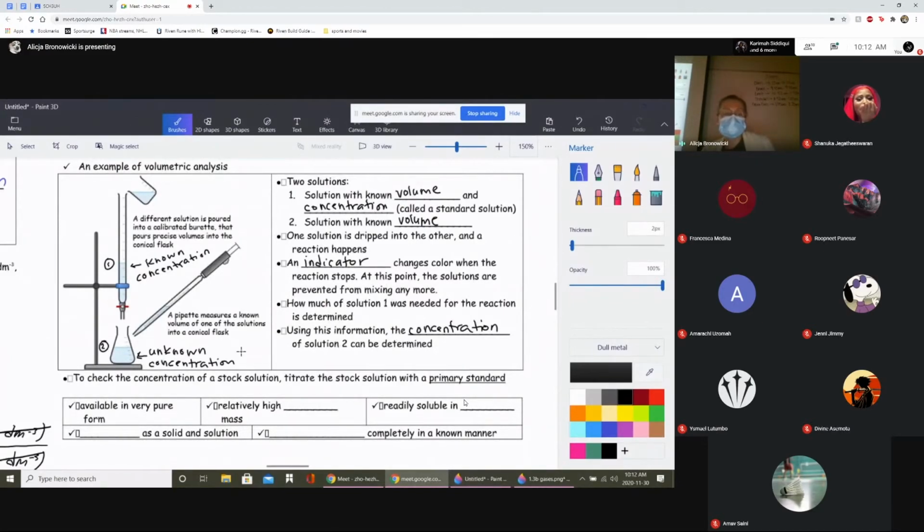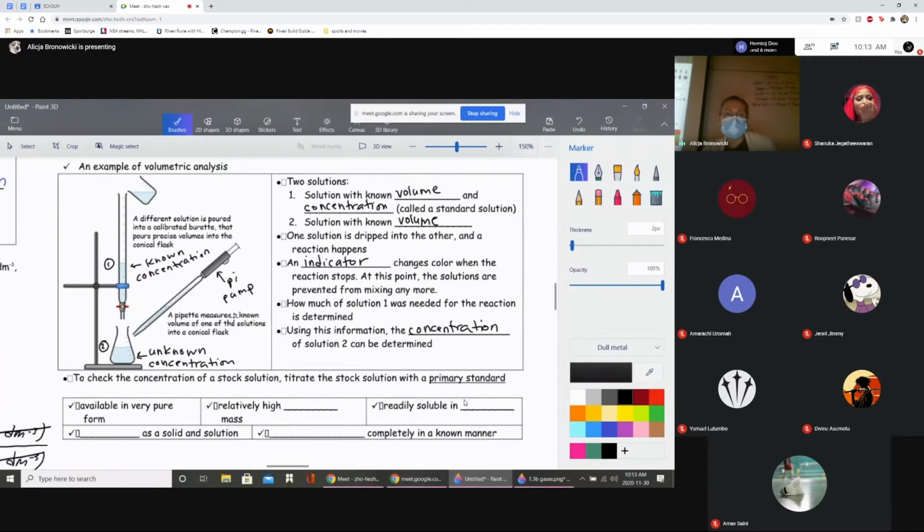So let's just read out what these little labels say. A different solution is poured into a calibrated burette that pours precise volumes into the conical flask. So this is a pipette. This thing here is called a pipe pump. You would measure out your unknown concentration using this pipette.